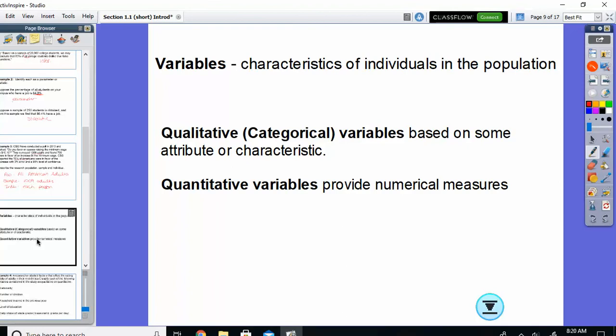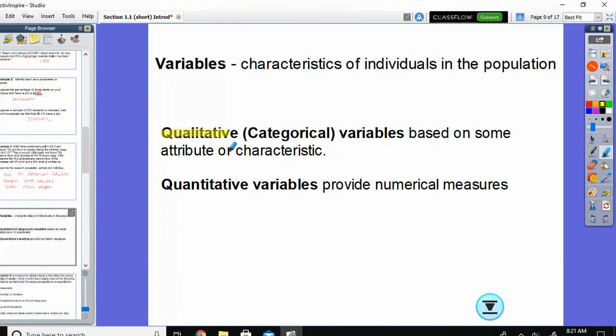So we're back to our definition page. We break these variables into two different groups. And the type of variable determines what we can do with it. So qualitative, it's sometimes called categorical, but I will always use the term qualitative.